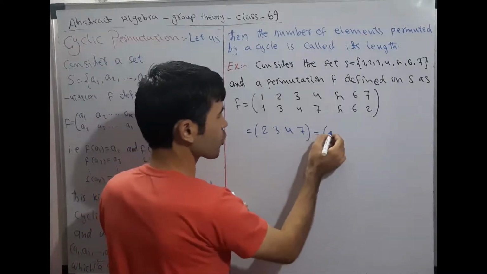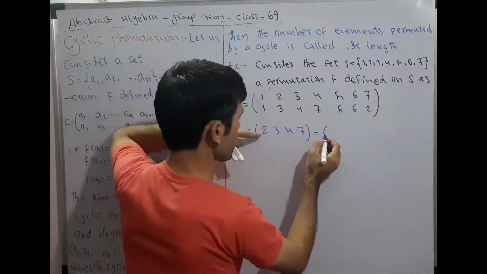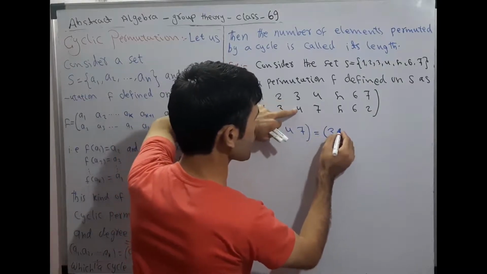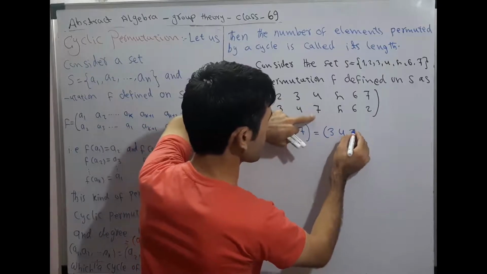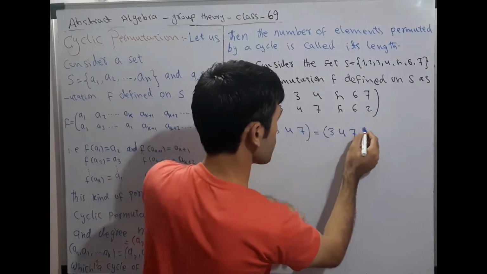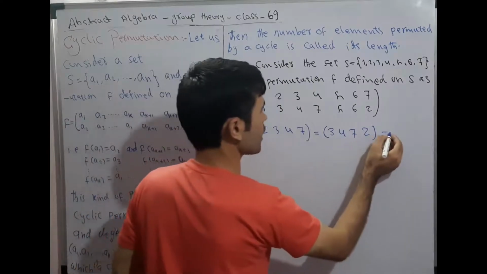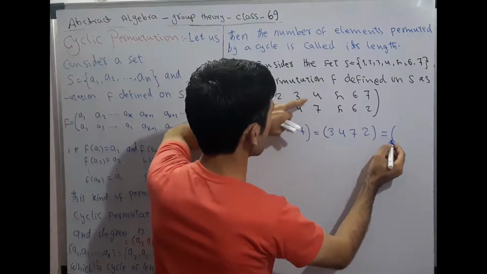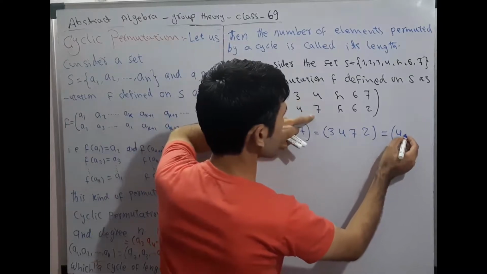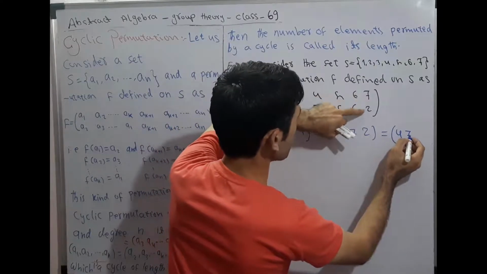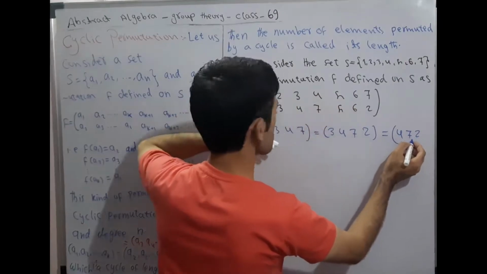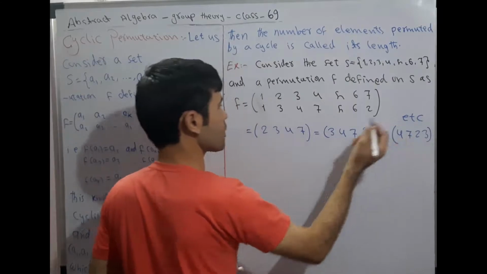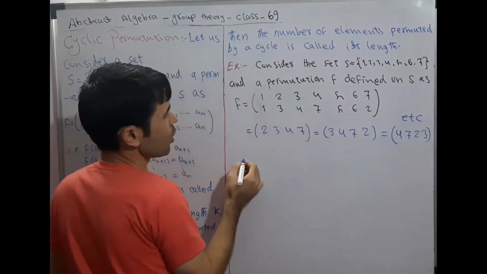Or we can write starting from 3: the image of 3 is 4, the image of 4 is 7, the image of 7 is 2, the image of 2 is 3, etc. We can write this in these forms.